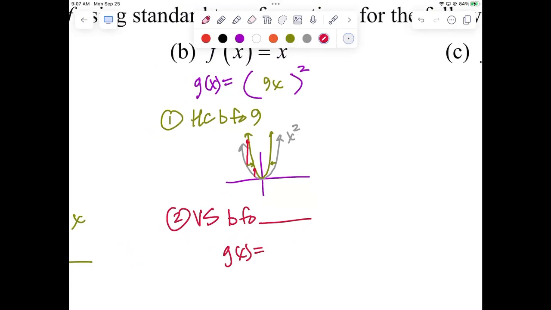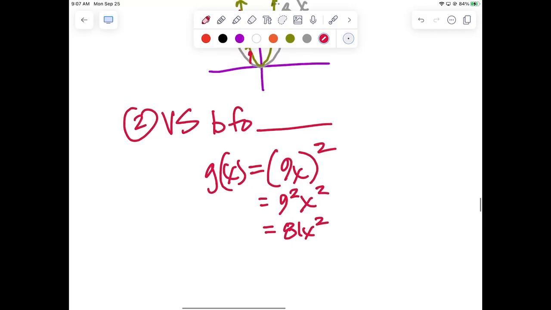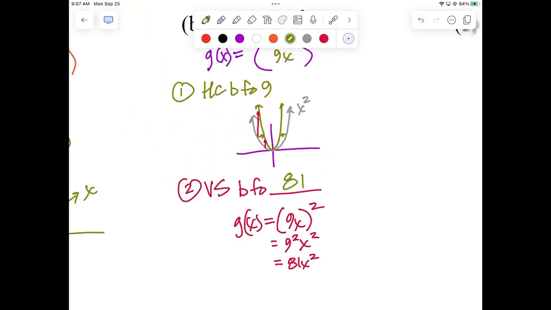If I come back up here and I look at 9x quantity squared, I can't just bring the 9 outside the function like I did for the linear function. But what can I do? What is 9x times 9x? This is the same as 9 squared times x squared, which is 81x squared. Oh, so it's equivalent to a vertical stretch by a factor of what? 81. Yeah. See?